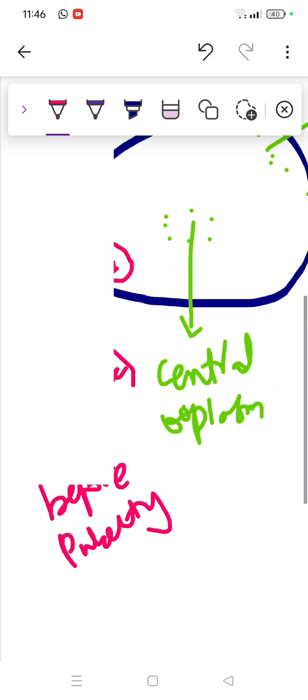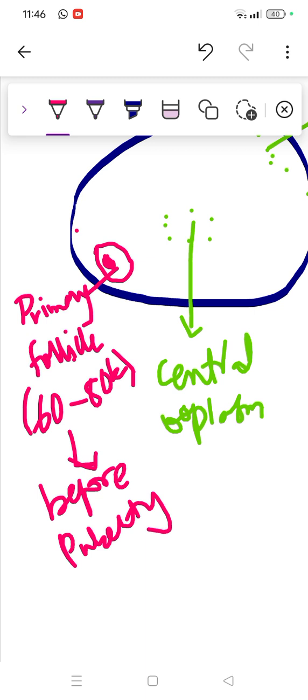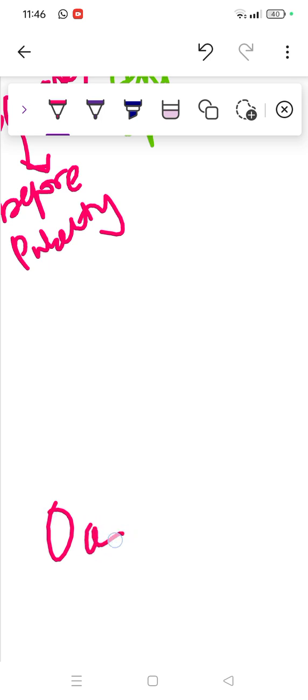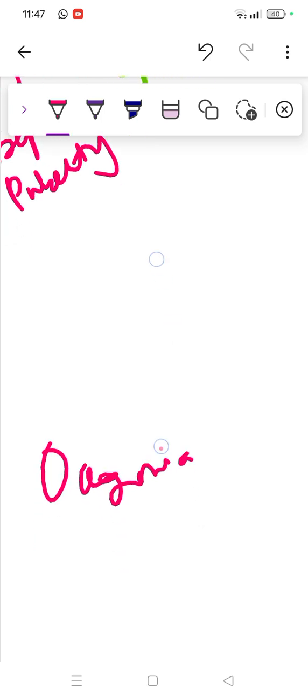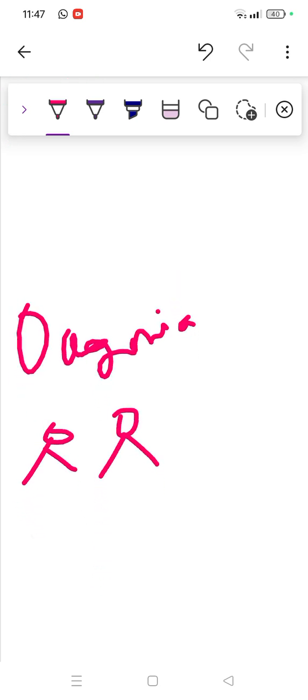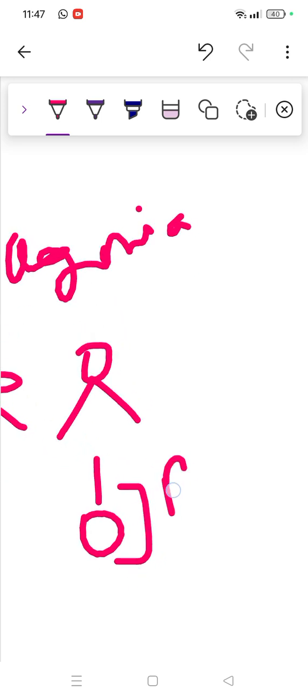Then what will happen after this, it will go to another part. We have oogonia, which is the first part, then it will be divided into two such parts. After that, this will again become like this. This structure is called the primary oocyte.